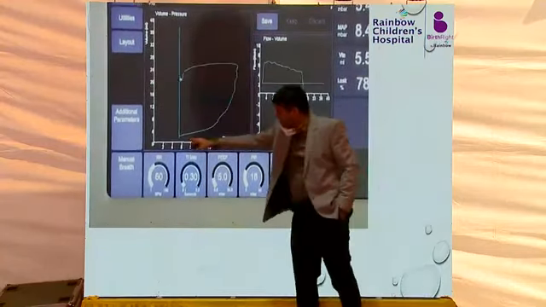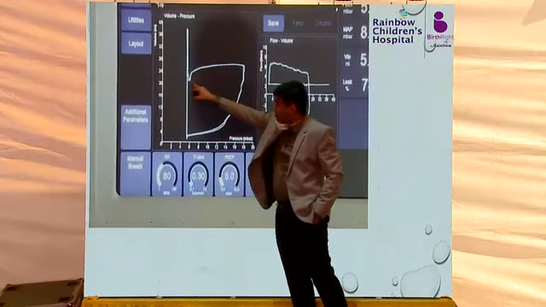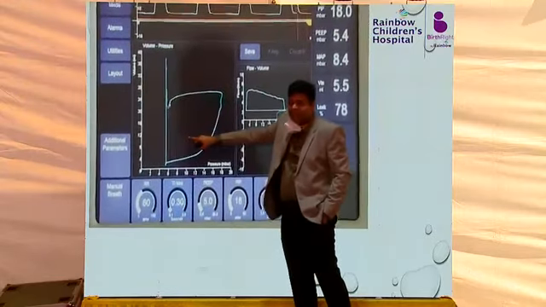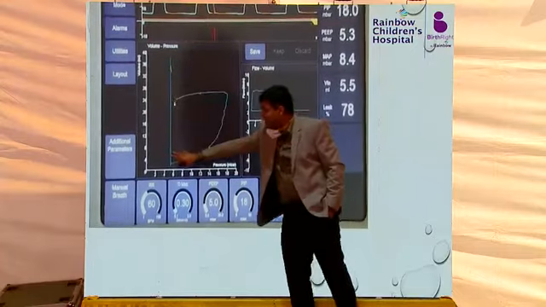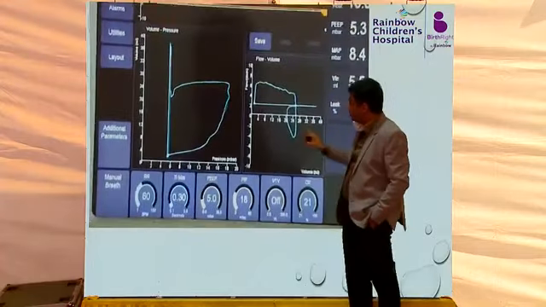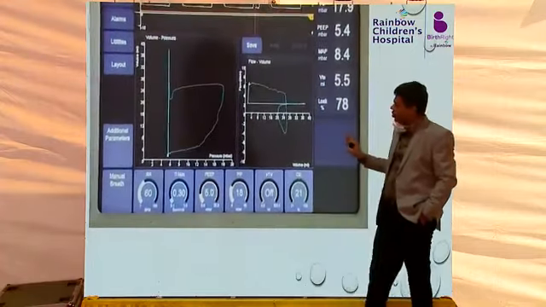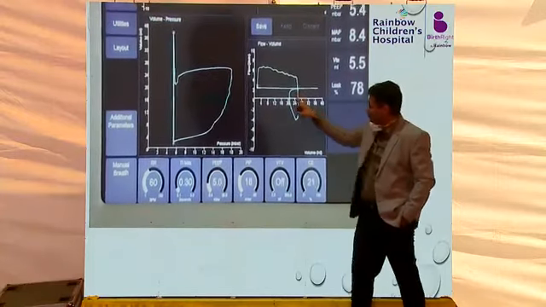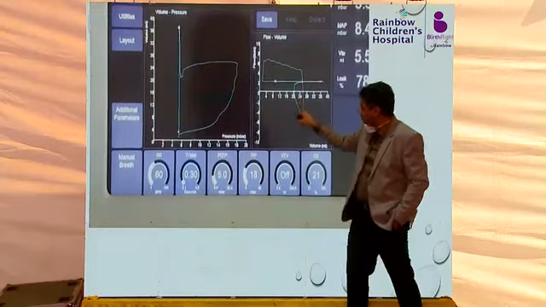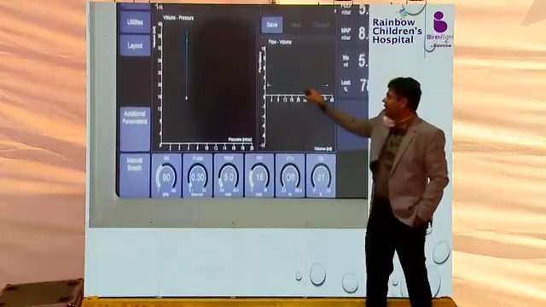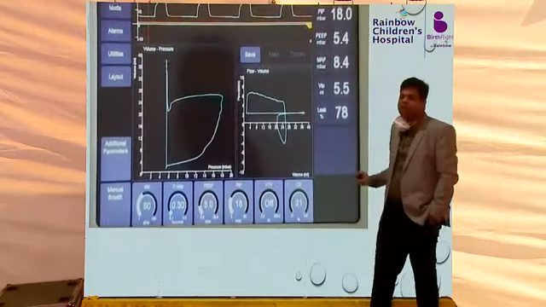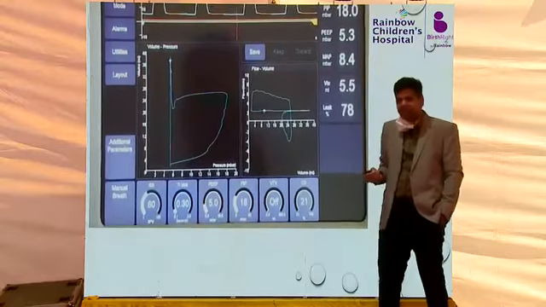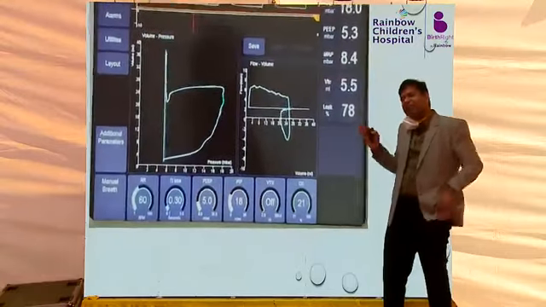Whatever inspiration has gone, if the expiration is not coming to the baseline or not connecting here, that defect is the leak. Similarly, on the flow volume loop, you see that inspiratory flows are full, but the expiratory flow should have come here, and the expiratory flow is finishing early. That is the leak.